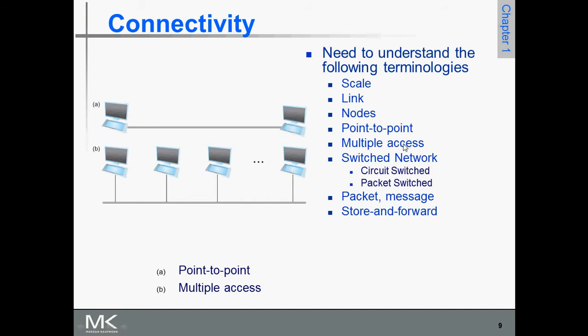Then we have the term multiple access. So what is meant by multiple access? In this picture B, we have four computers, and in these four computers we have only one physical link. So all these four nodes are going to share this single cable, and this cable is known as a link.